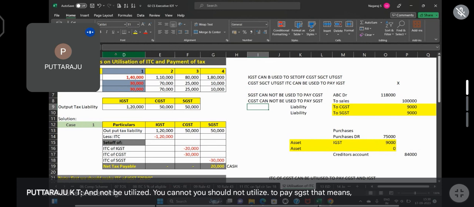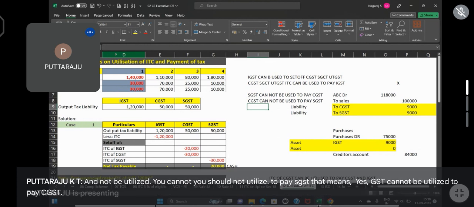That means SGST cannot be utilized to pay CGST. CGST cannot be used to pay SGST.